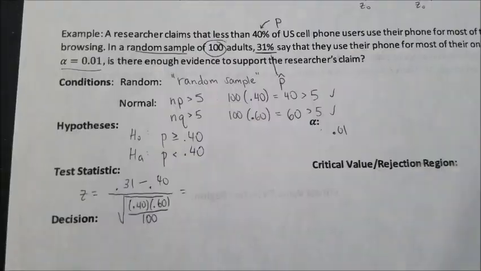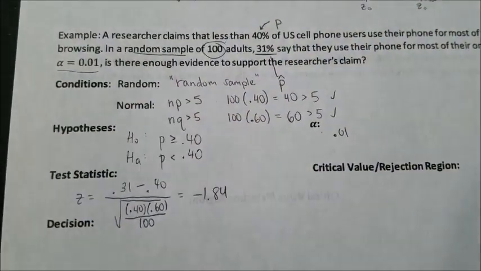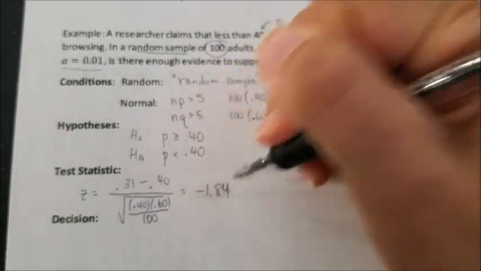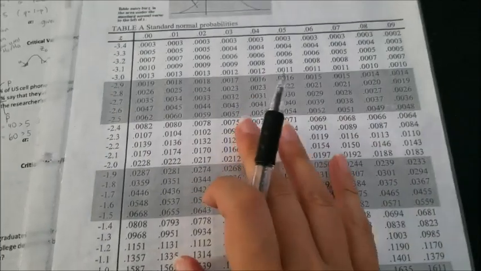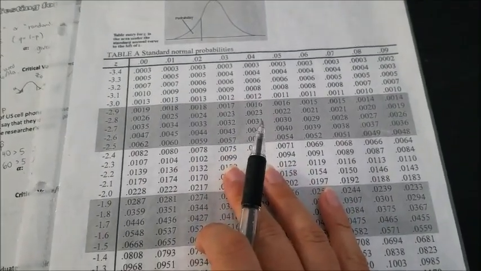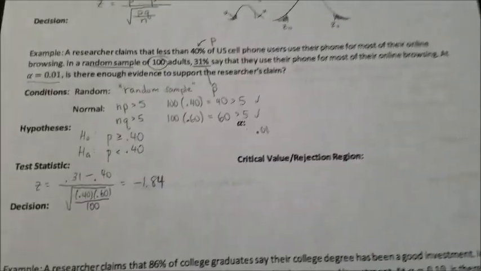Okay, so doing that in the calculator, you should get negative 1.84. I'm using 2 decimal places here because I'm using this to compare it to my z-score in the table, and our table only uses 2 decimal places, so that's why we round to 2.